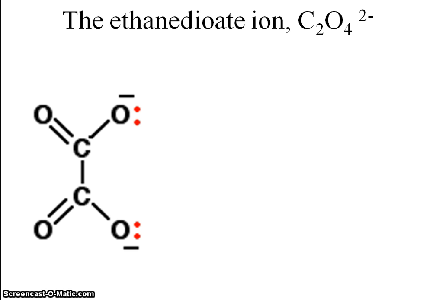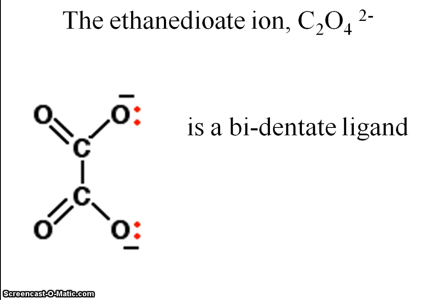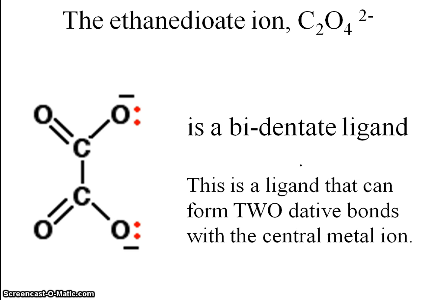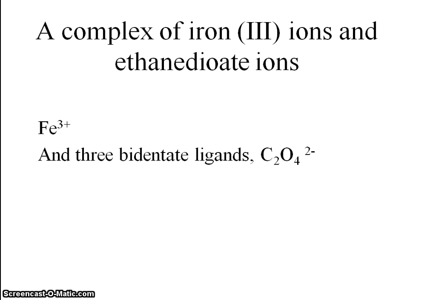And as you can see, there's a lone pair of electrons on each of those oxygens. So this gives us a ligand, but in particular it's a bidentate ligand, because it can form 2 dative bonds with the metal. So it's a ligand that can form 2 dative bonds to a central metal atom or ion.